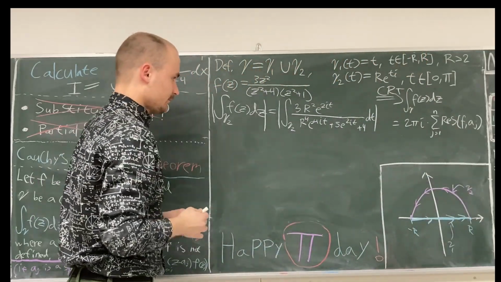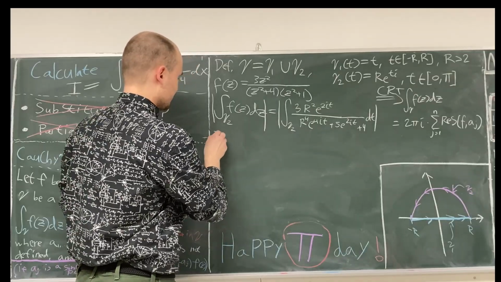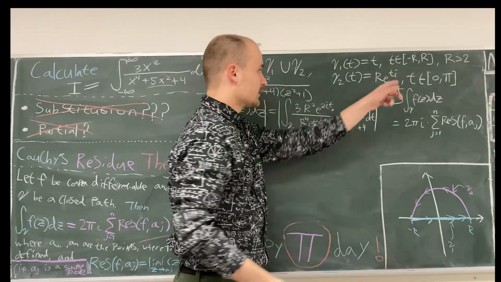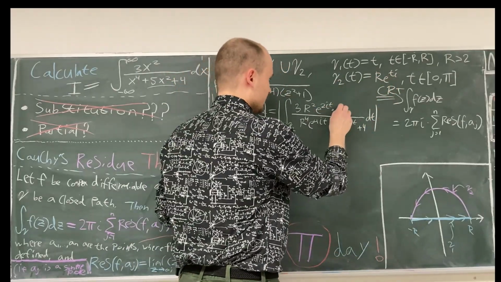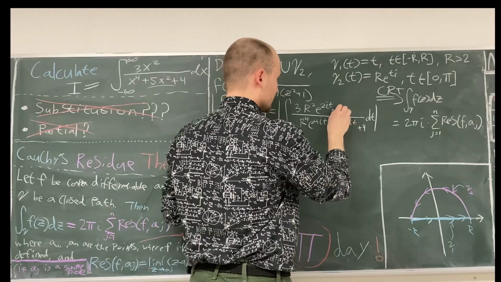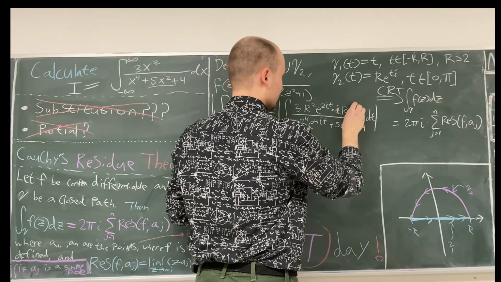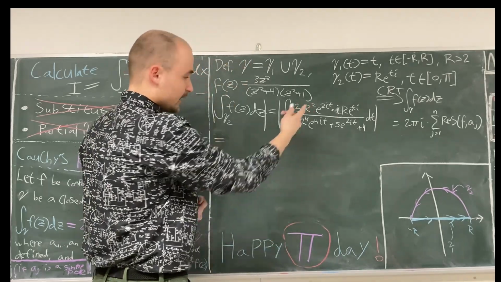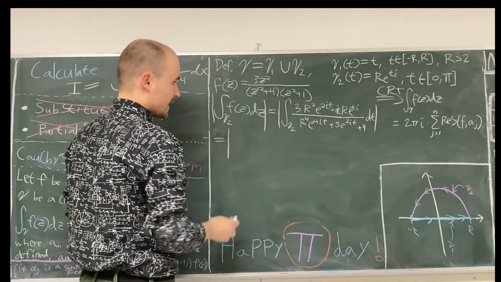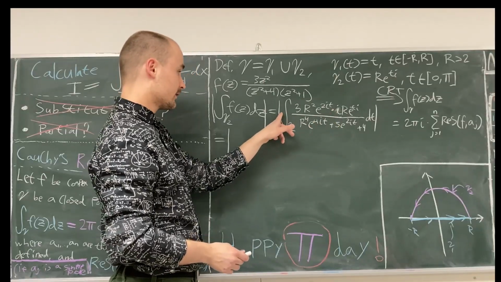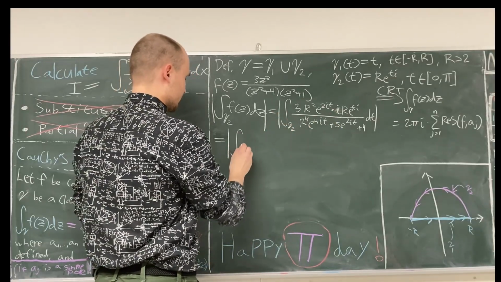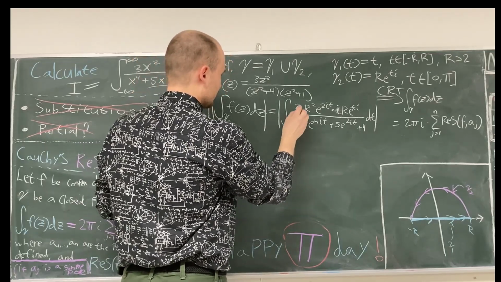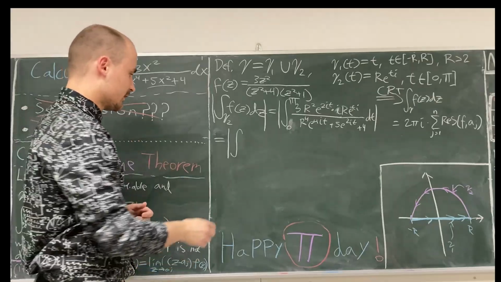Alright, so now you have to multiply by the derivative of gamma 2, which is i r e to the it. Okay, good. So we can bring those together, but let's also, while we're at it, take the i constant outside, and we have to change the limits from 0 to pi as well.